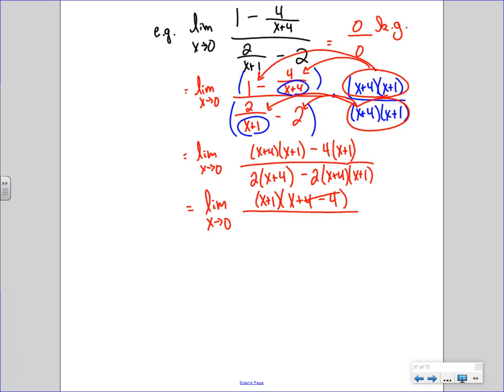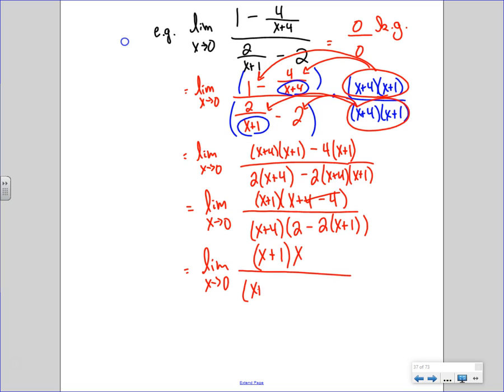Shared on bottom. X plus 4, and then go 2 x plus 1. Okay, wait, I have to distribute a little bit, right? Just have x plus 1 times x all over x plus 4 times, okay, hold on.